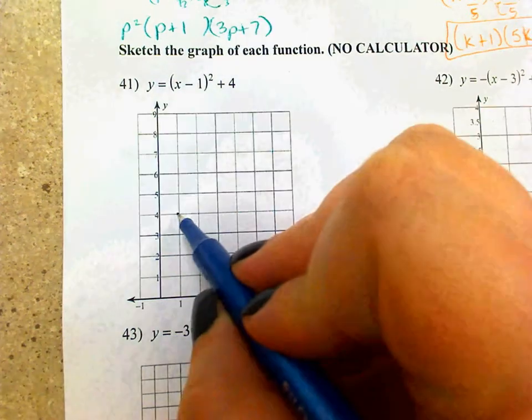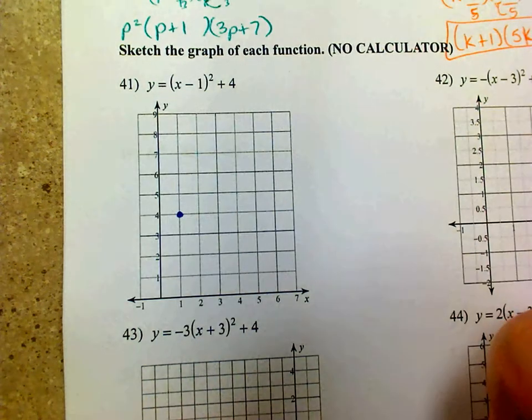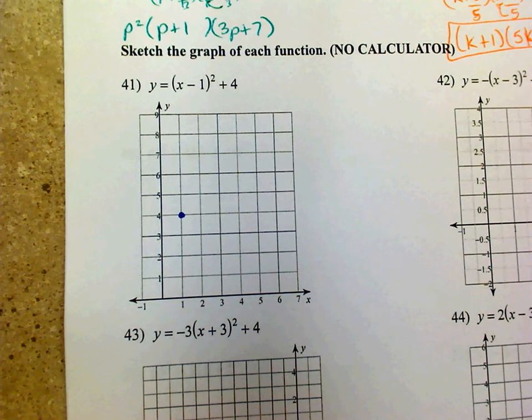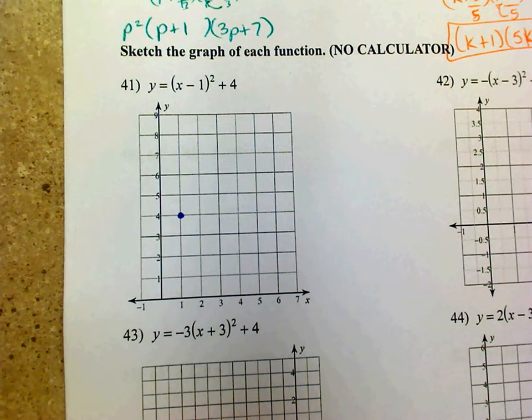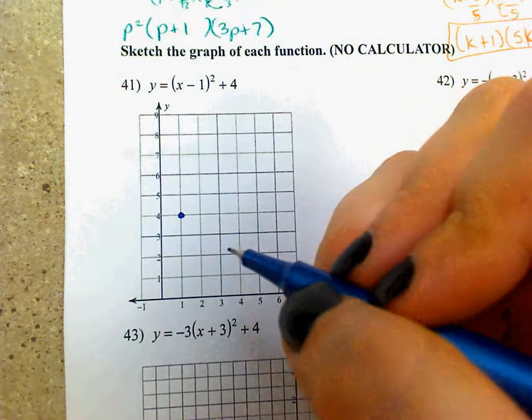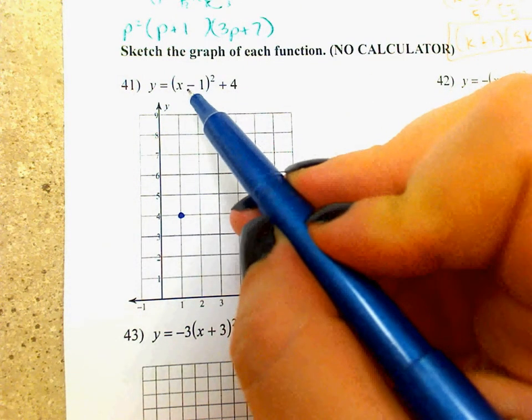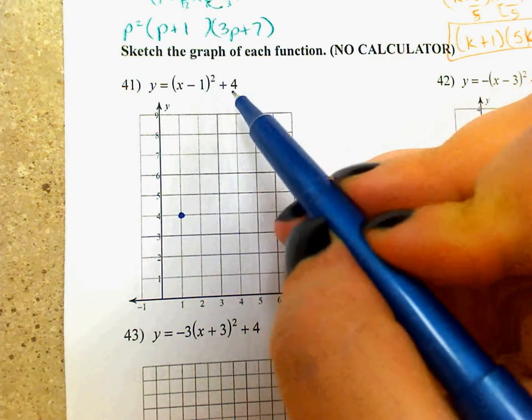Now, in order to graph a parabola on this assignment, if the 5 points are available, then you have to graph at least 5 points, the vertex, and then 2 on each side. The next one, you could just go ahead and plug in 2. If I plug in 2, 2 minus 1 is 1, 1 squared is 1, and 1 plus 4 is 5. So I actually know that it's at 5.